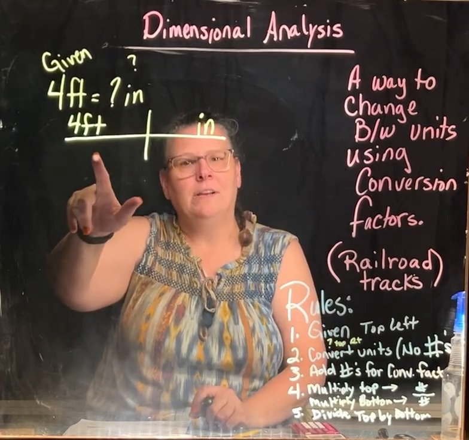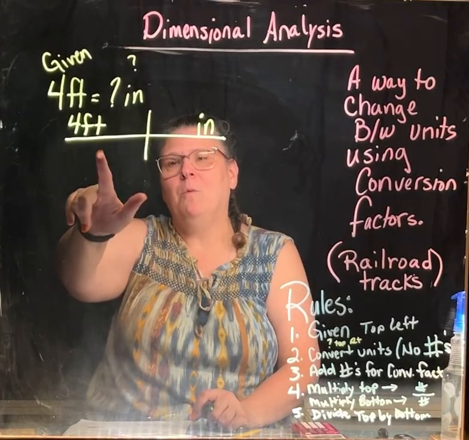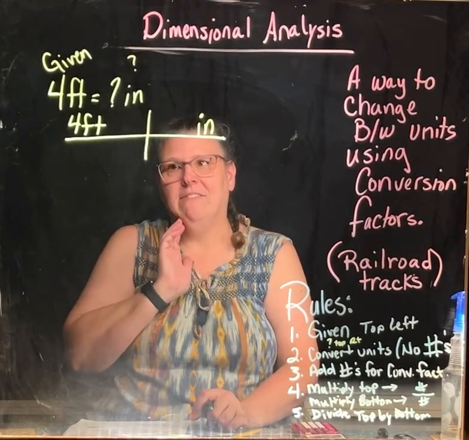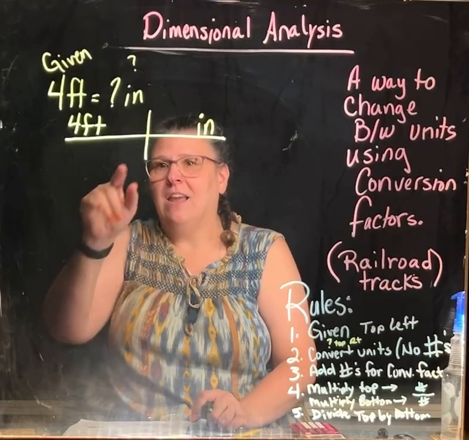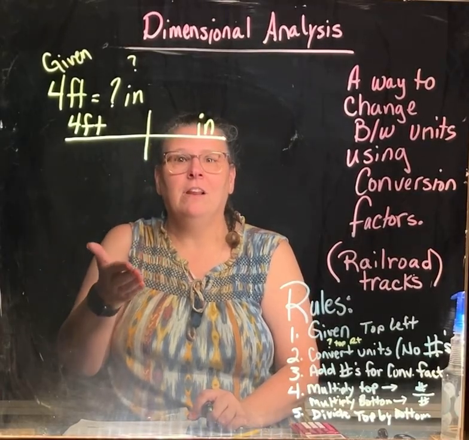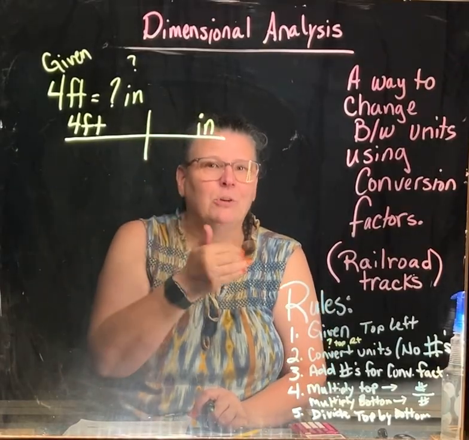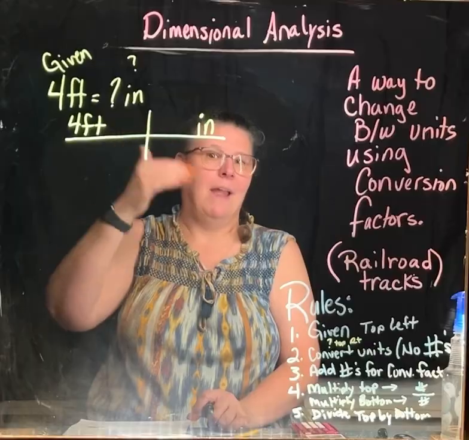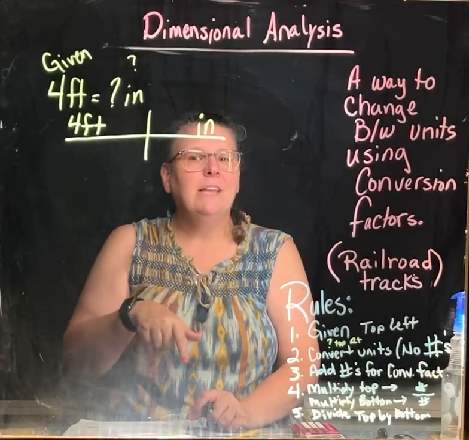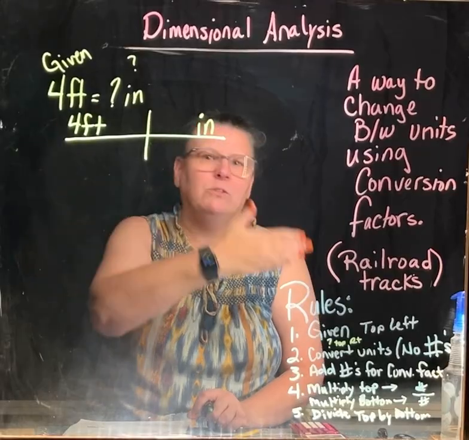Now, I could put a 1 here. What I find happens is, in most cases in chemistry, when I put a 1 here, most students have issues. You can put a number here if you're converting miles per hour into inches per second, because you'll have to do the top and the bottom. But in most cases in chemistry, we will only have one number converting into another number.